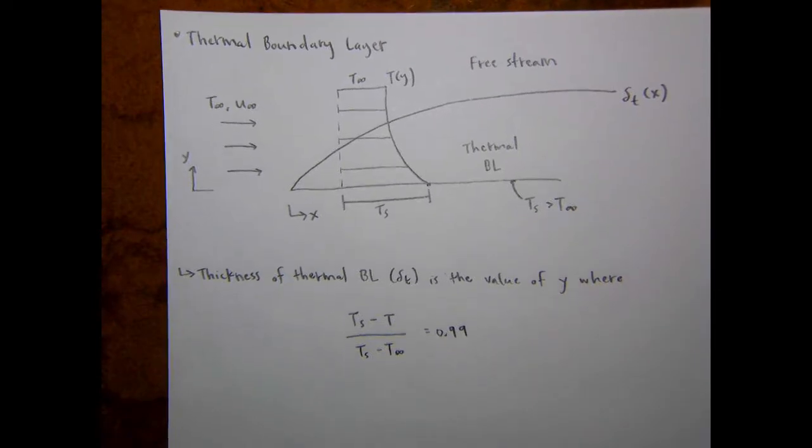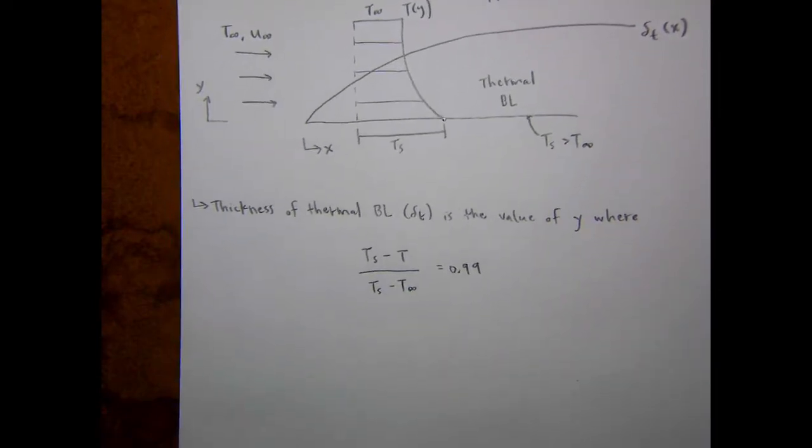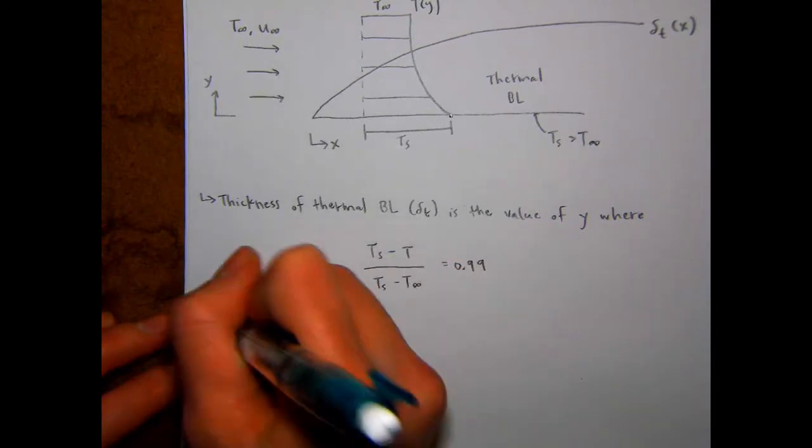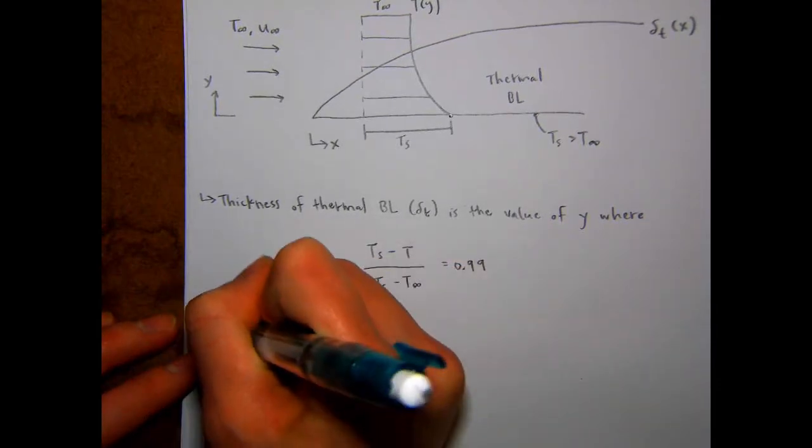So we talked about how the velocity boundary layer is related to the friction coefficient, which is related to the drag force on an object. We're going to show how the thermal boundary layer is related to the convection coefficient h.